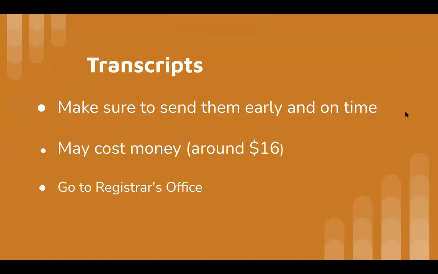This usually costs $16. So if you don't want to constantly pay for it, just keep a copy of it for yourself. Depending on your school, either you're going to mail it or you're going to submit it electronically. Also, do this for every school you attended. So if you went to community college, make sure you do it for all of those as well.